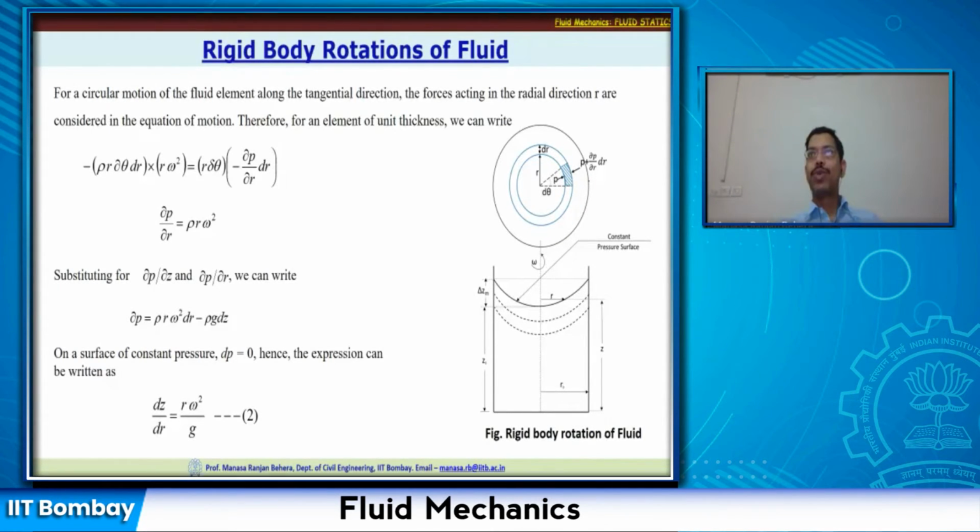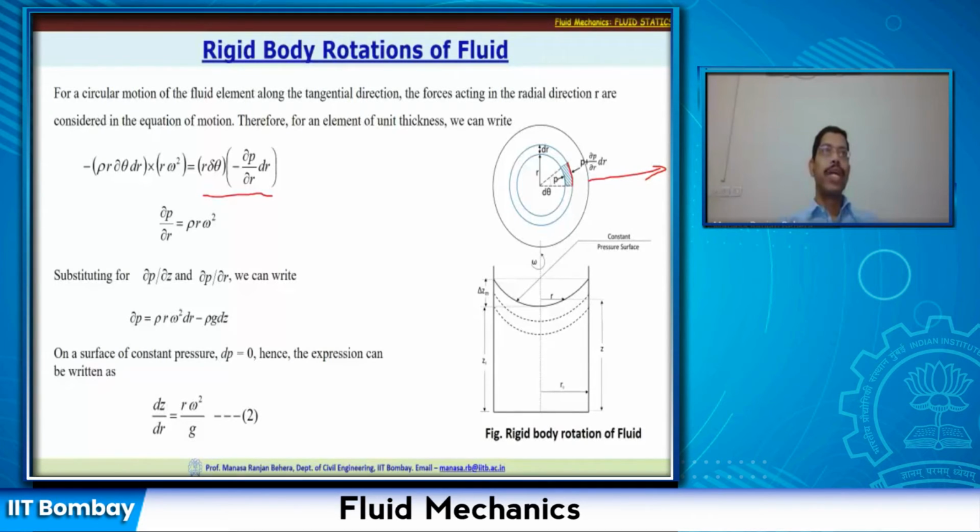If we assume the outward normal is the positive direction, then this ∂P/∂R dr is going to be negative. This is multiplied by the area. What is this surface? This is R d theta multiplied by unit width. So per unit width, R d theta into 1 multiplied by this pressure gives us the force, and force is nothing but mass into acceleration.